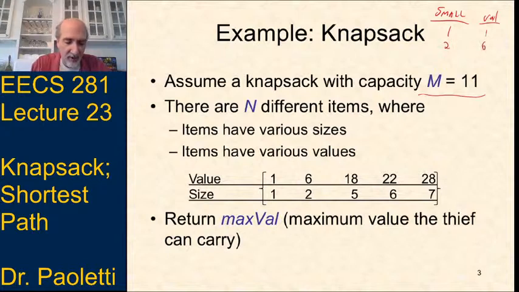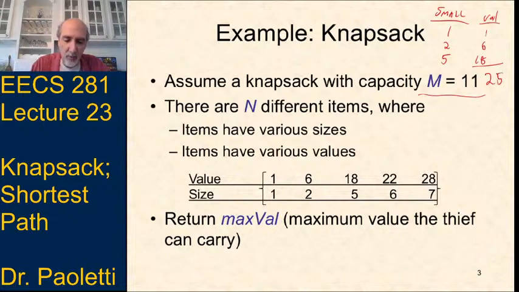Okay, I still haven't filled the knapsack. I can take the next item, it fits, so a size of 5 and a value of 18. And now I've used up 8 of my 11 capacity. No other items fit, and my value, sum these up, is 25.